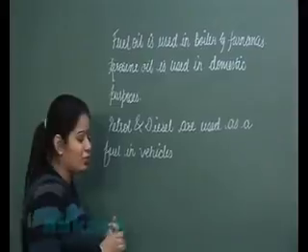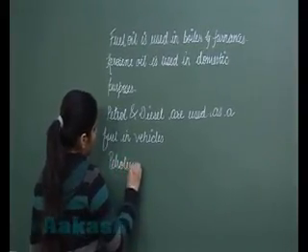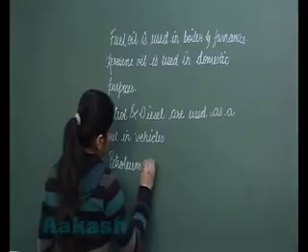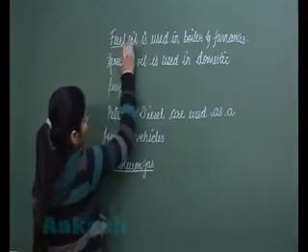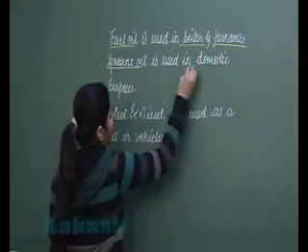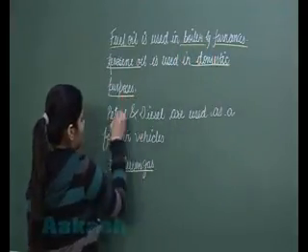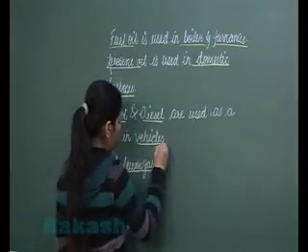Now student, the petroleum gas. Fuel oil is used in boilers and furnaces. Kerosene oil is used for domestic purposes. Petrol and diesel are used as fuel in vehicles.